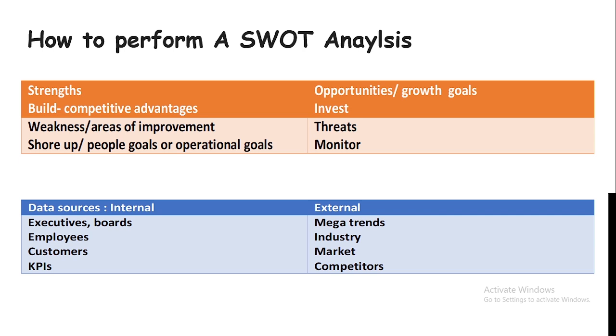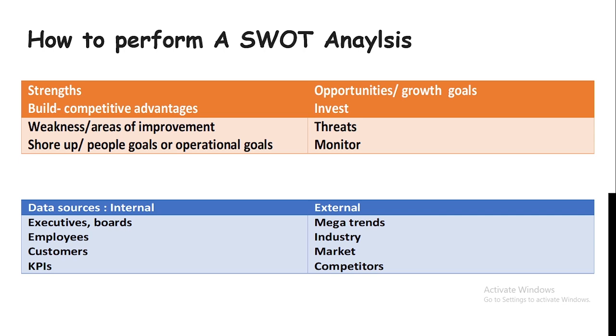So utilize your strengths to build on them. Strengths and weaknesses are internal, so you can manage them internally. Opportunities and threats are external. You have no control over them, while strengths and weaknesses you have control over.